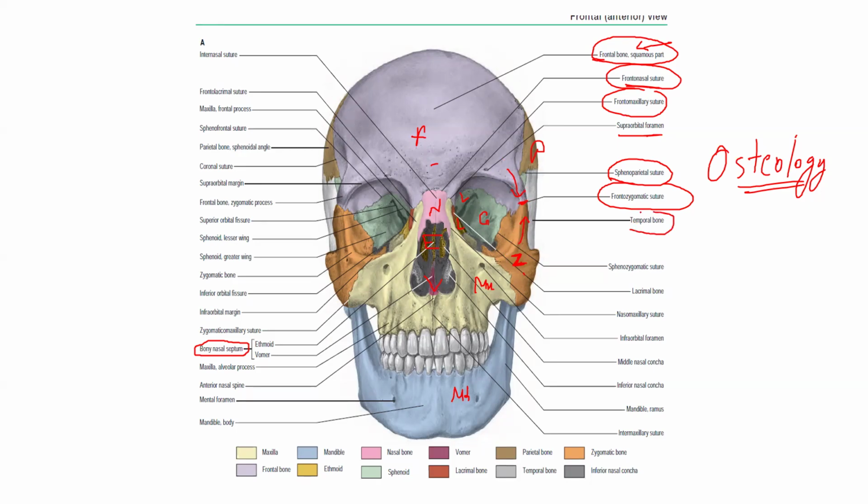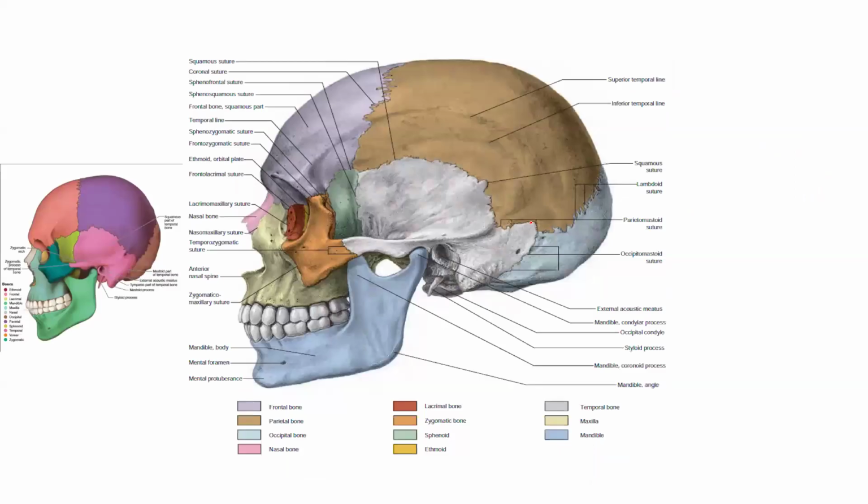Now, this is the temporal bone, right? So if you see the lateral view here, this is again the parietal bone, frontal bone, sphenoid bone, and this is the squamous part of the temporal bone.